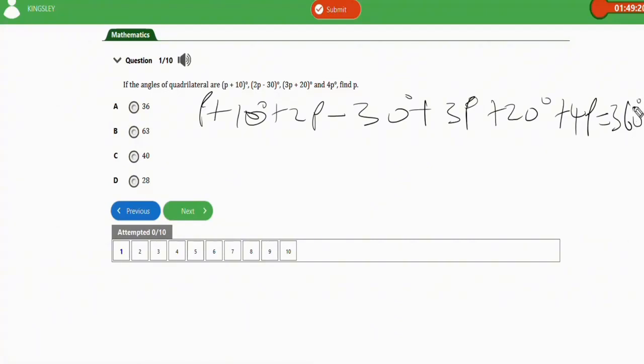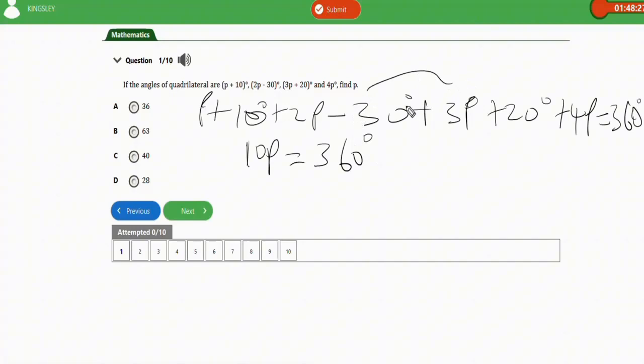So let's collect like terms. We have P plus 2P, that's 3P. 3P plus 3P, that's 6P. 6P plus 4P, we have 10P equals 360 degrees.